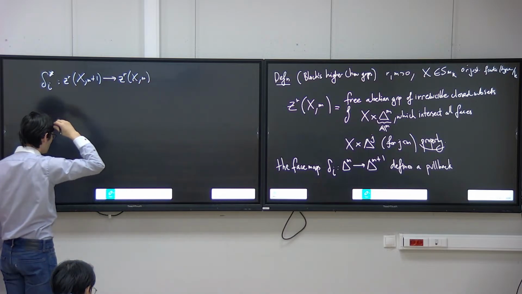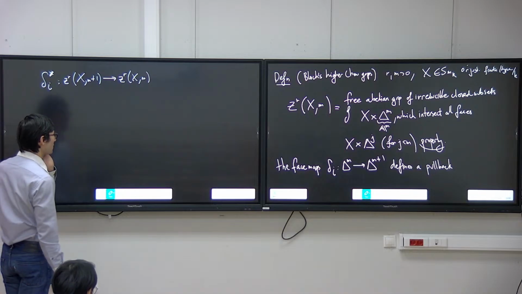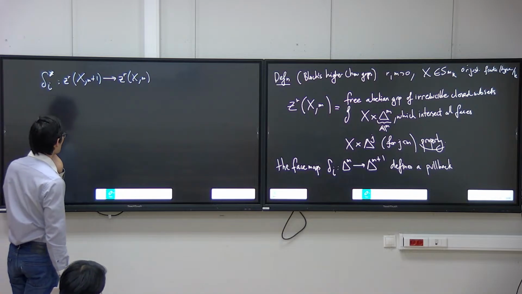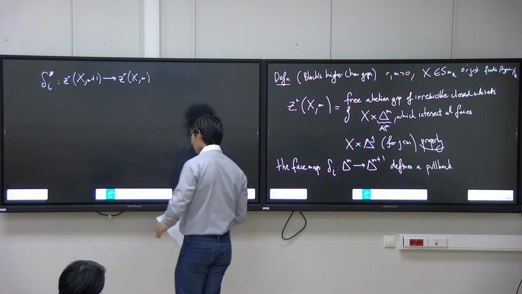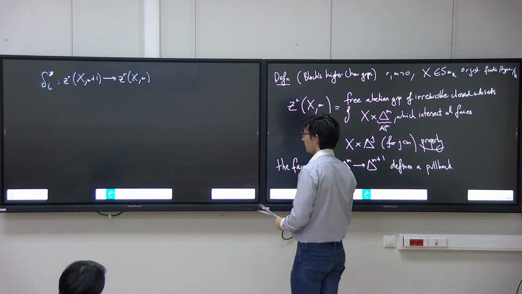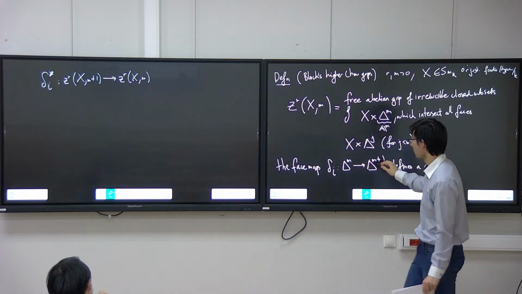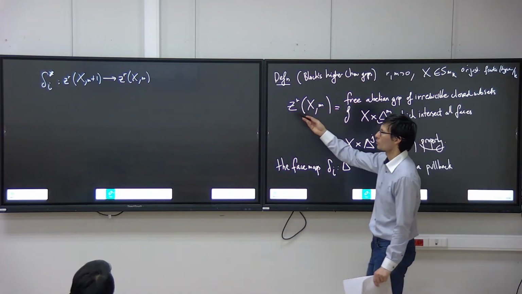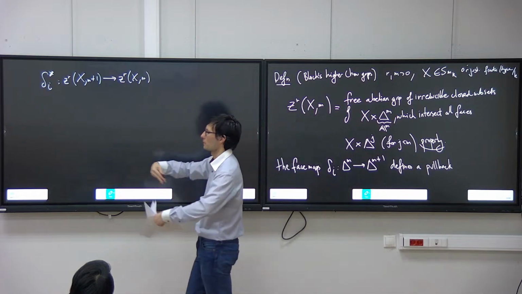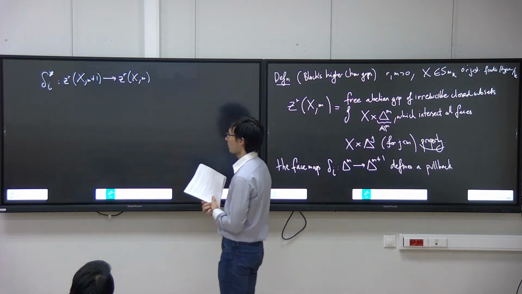Just so not everything is too abstract here: pullback of algebraic cycles, if the pullback were along some smooth or flat map, there would be no issue. You can just define it as literally the inverse image along your map.